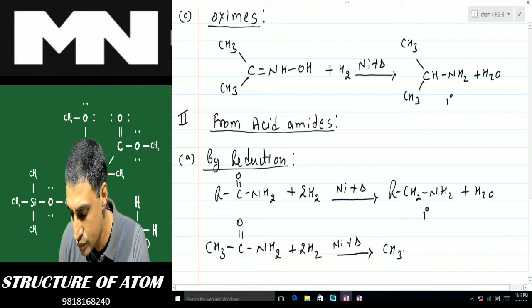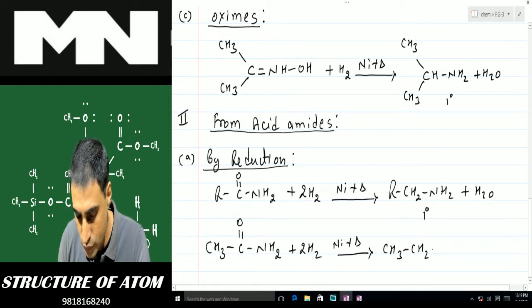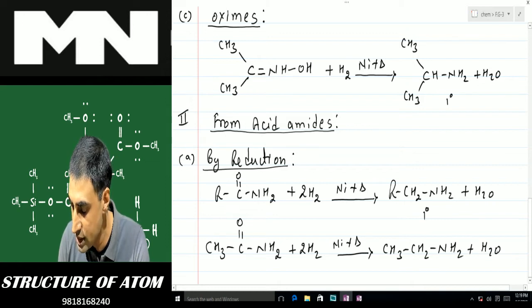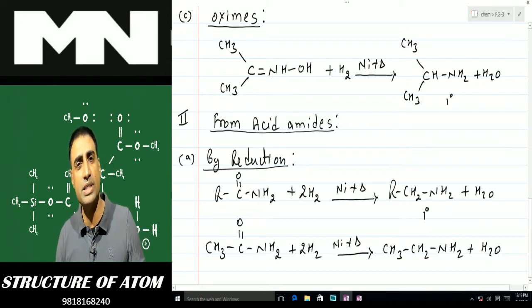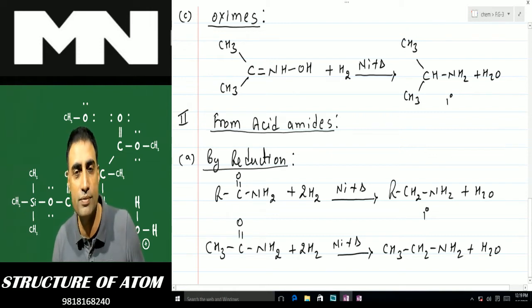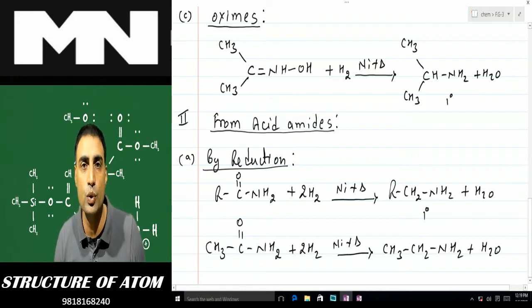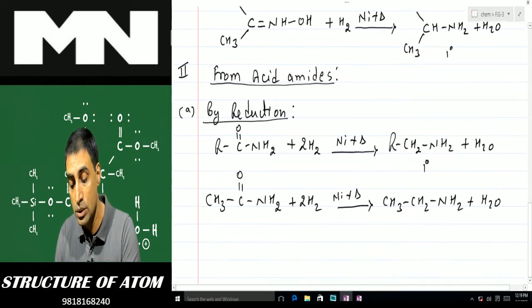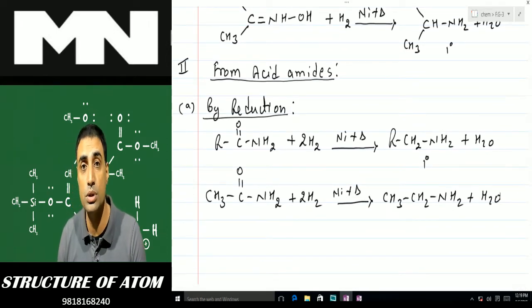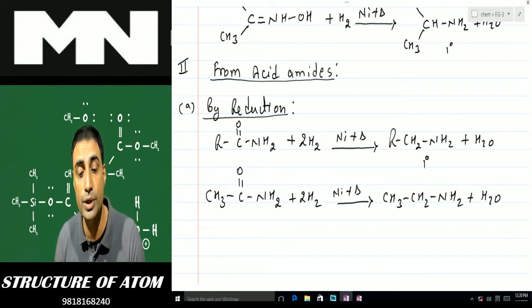You will get CH3CH2NH2 plus H2O. So you have the same number of carbon atoms on either side of the reaction. On the reactant side you have 2 carbons, and on the product side again 2 carbons. But many a time in the conversion the carbon atoms are reduced. Suppose you have been asked to convert ethanoyl amide to methane amine, then what will you do? You have to reduce one carbon atom, that is, you have to carry out degradation.